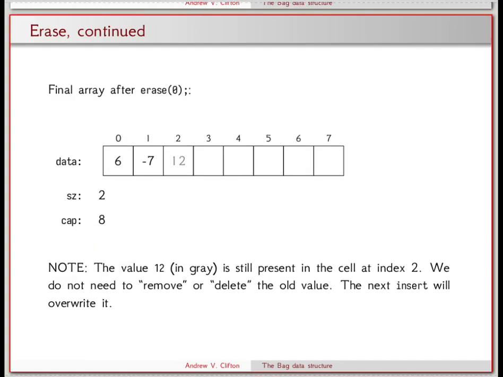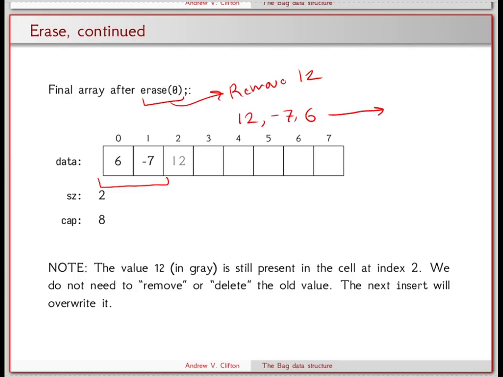So my final array, after doing the erase for position 0, which was 12, right? This erase 0 means we're trying to get rid of the 12 that was originally in that position. After we're done, the contents of my bag are 6, -7. So our original contents were 12, -7, 6.